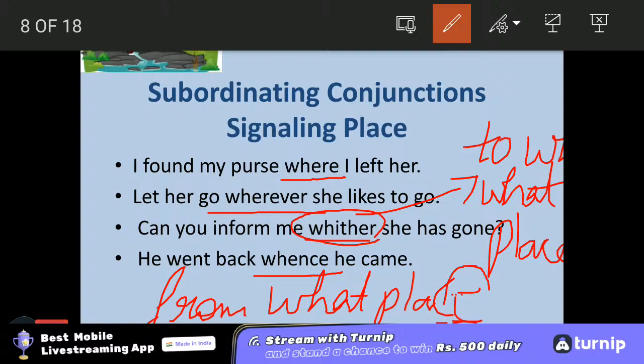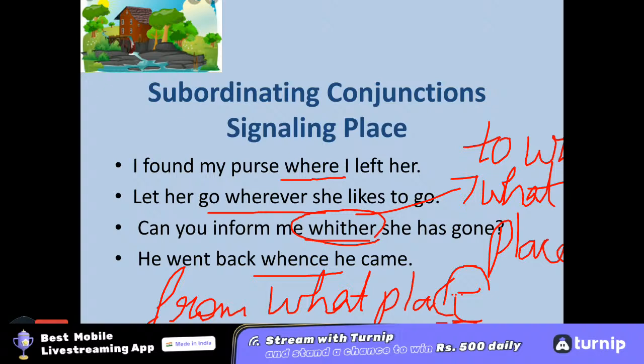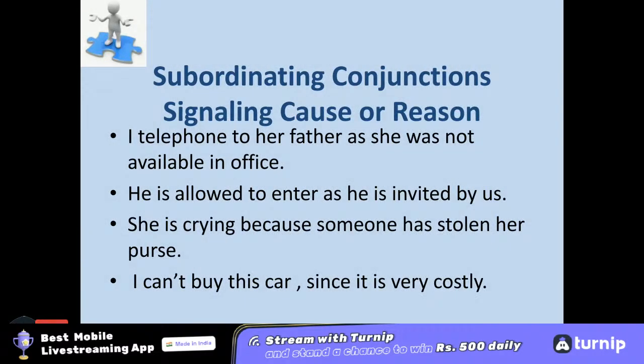So in that case, you need to understand what condition is being talked about. So these are the 4 words which are used to denote subordinating conjunctions of place, that is where, wherever, whither and whence.